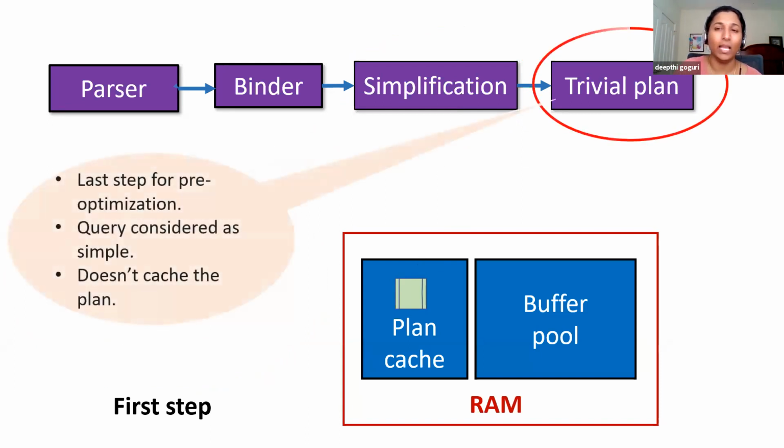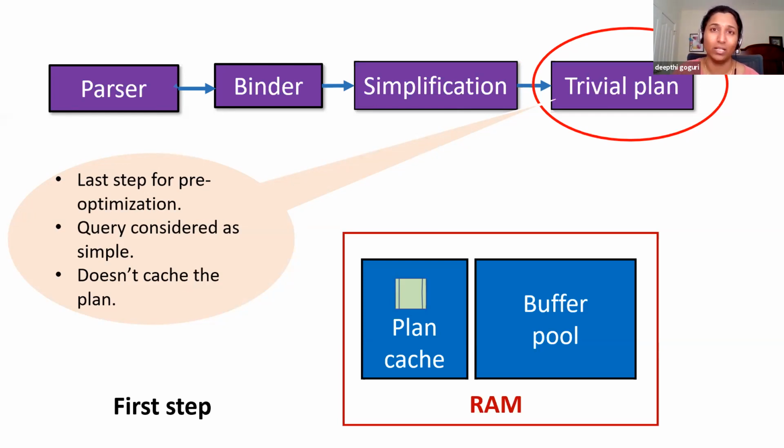Once the query has now reached the trivial plan component, if the query that we are sending to SQL Server is very simple, like select star from a table or select star from a table with a very simple where clause, SQL Server will treat that query this way: this is such an easy query. Why should I even go ahead and update the parse tree inside the plan cache?